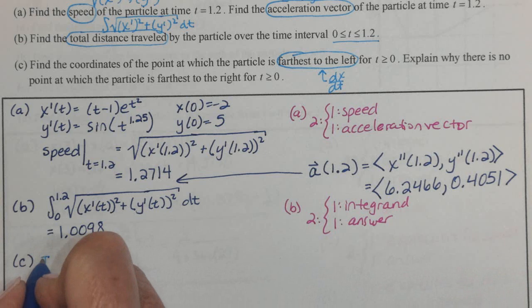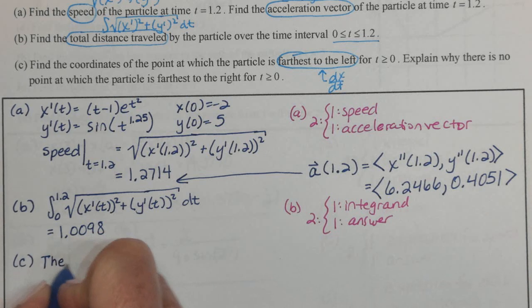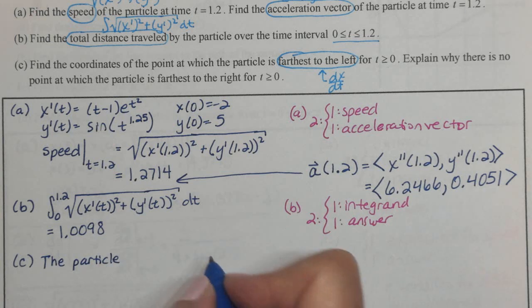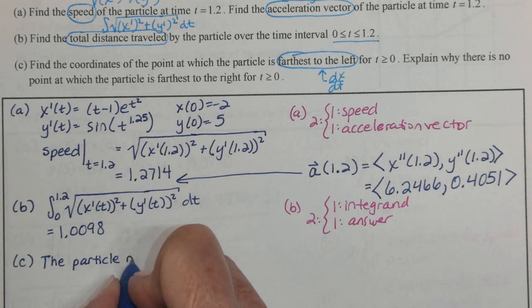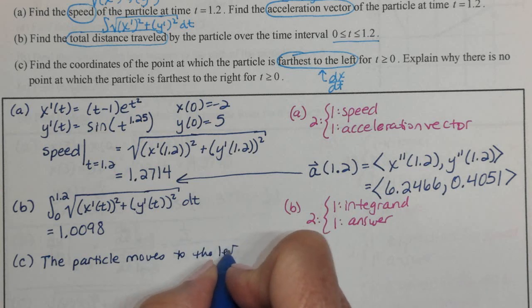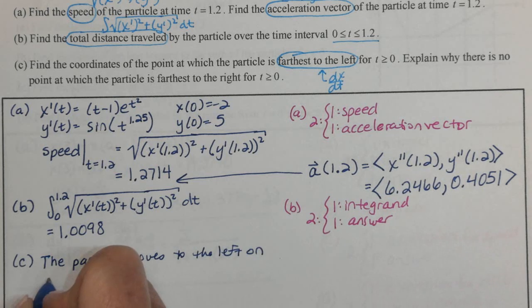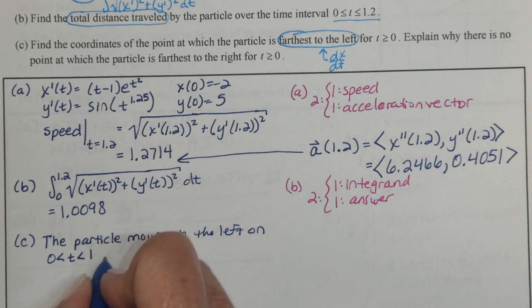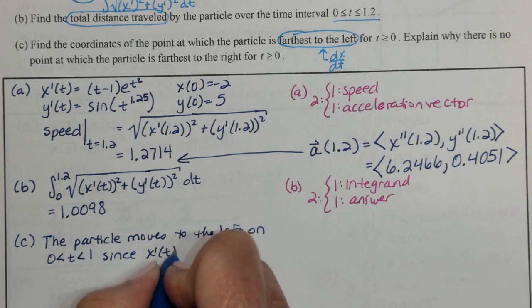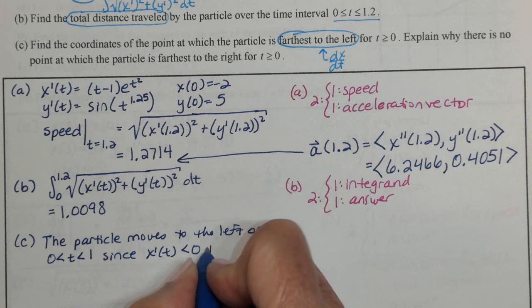Get my other pen out. The particle, and I need to say why. The particle moves to the left on 0 to 1, to time 1, since x prime of t is negative there.